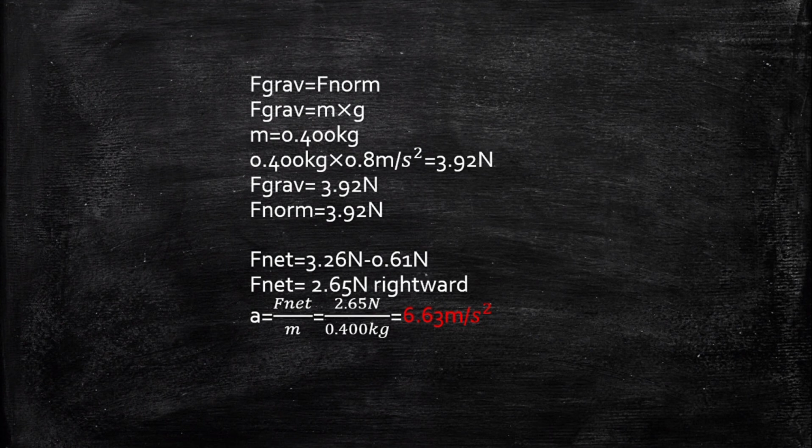Rightward kasi ayun yung mas greater sa dalawang forces. So, acceleration naman. Ang formula for acceleration is equal to Fnet divided by mass. So, 2.65 newtons divided by 0.400 kilogram is equal to 6.63 meter per second squared. And ito ang ating acceleration.